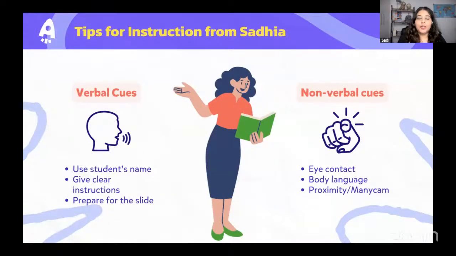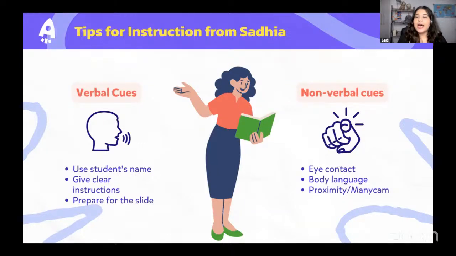Yes, Lisa. This was not an easy question to answer, because there are a lot of different ways to be clear, and teachers use different techniques. But I summed it up into verbal and nonverbal cues. For verbal cues, you can use the student's name.